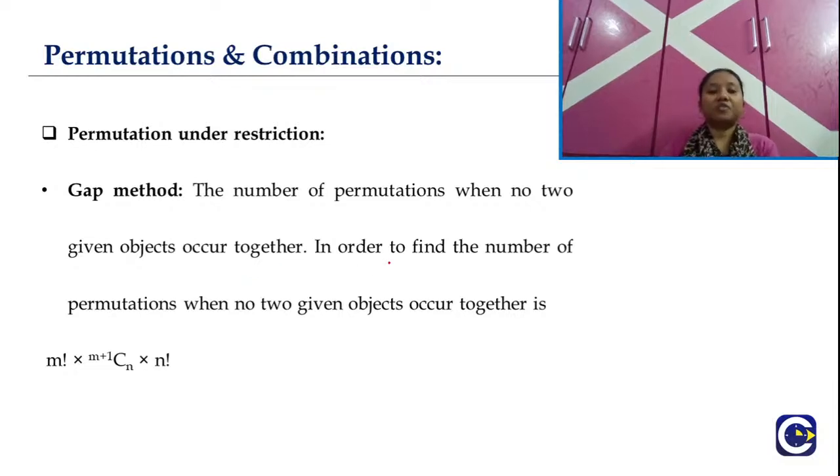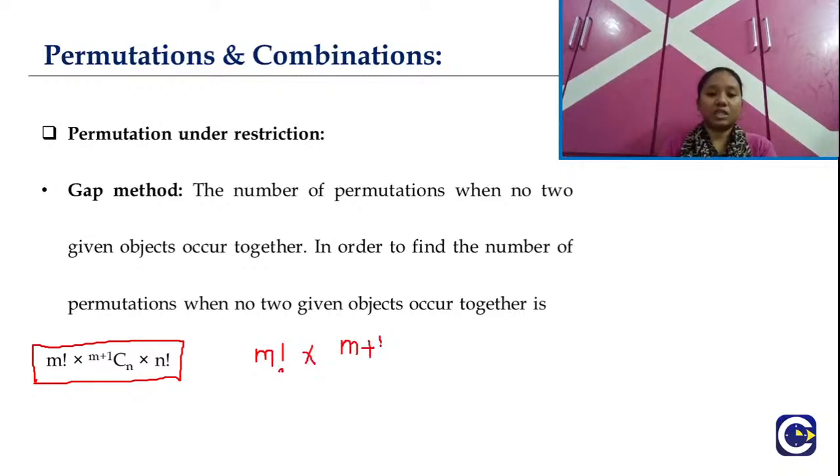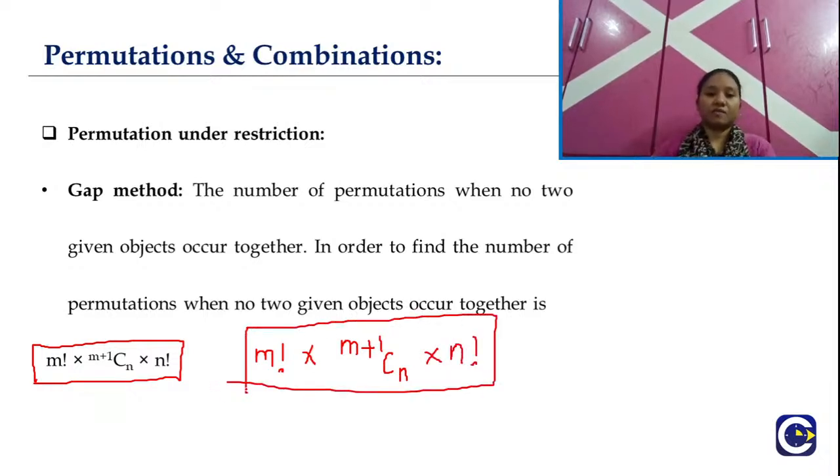In order to find the number of permutations when no 2 given objects occur together, the formula is m factorial into (m plus 1)Cn cross n factorial. Suppose we take the same thing, here vowels cannot come together.